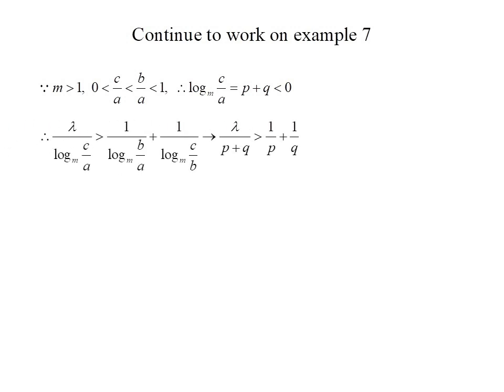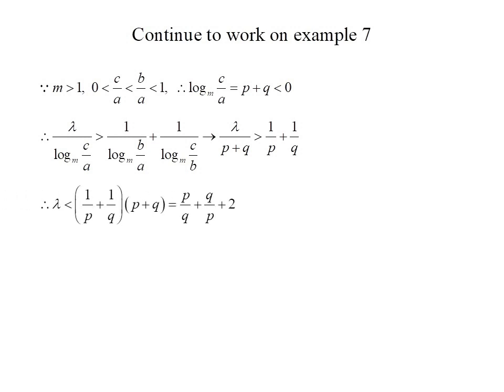Hence, lambda over logarithm base m of c over a is greater than 1 over logarithm base m of b over a plus logarithm base m of c over b, which leads to lambda over the sum of p and q is greater than 1 over p plus 1 over q.